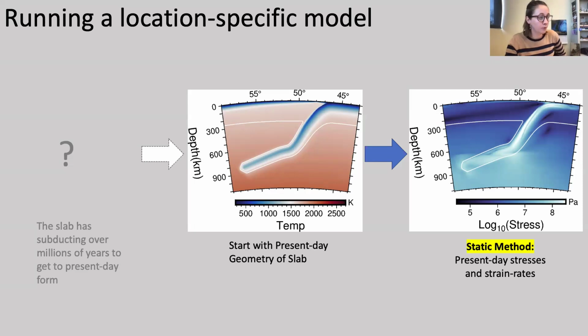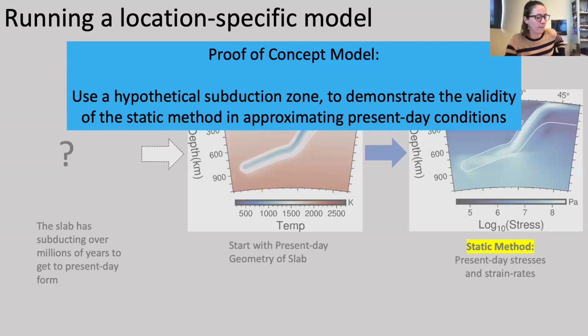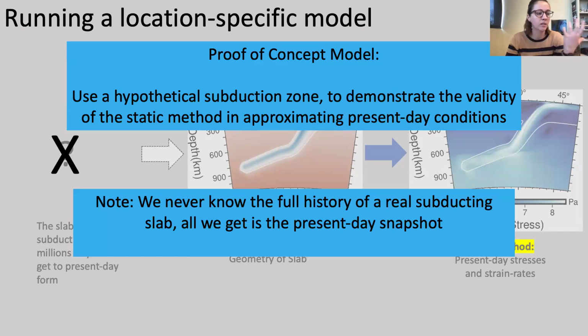And so to prove to you and myself that this was a valid method, I am going to show you a proof of concept model that I developed to use a hypothetical subduction zone and demonstrate that this is a valid method and approach for approximating the present day conditions when we're leaving out this long history of the subducting slab. And this long history is something that we will never really know for real subducting slabs. All we get is the present day snapshot.